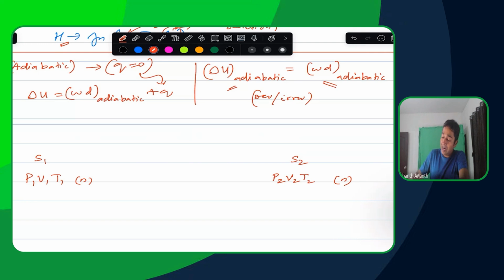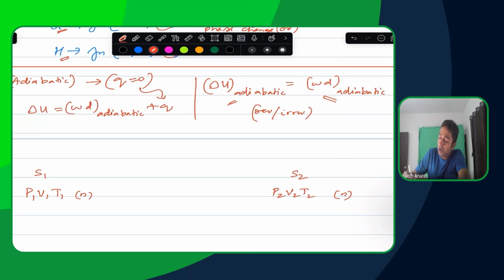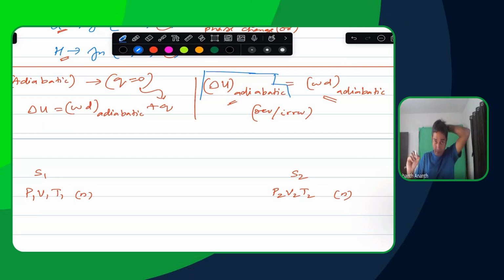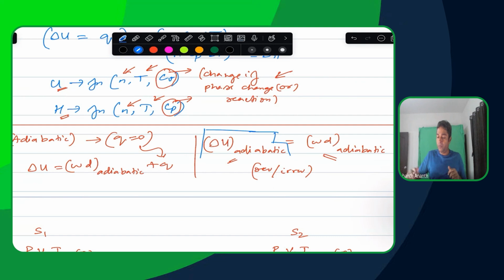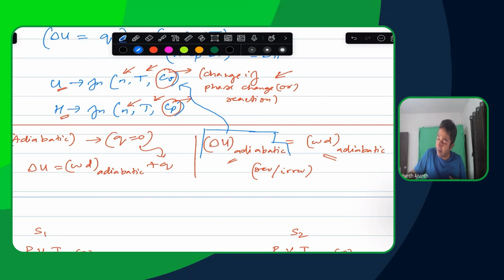Now, let me tell you what happens over here. Work done here is far more complicated to calculate. But delta U is a state function. This is a state function. So this you can calculate in this fashion, n CV delta T, and then link it up to this.